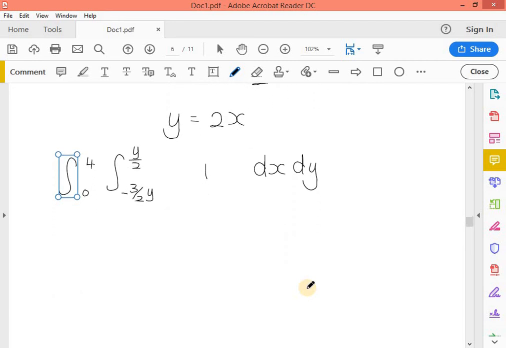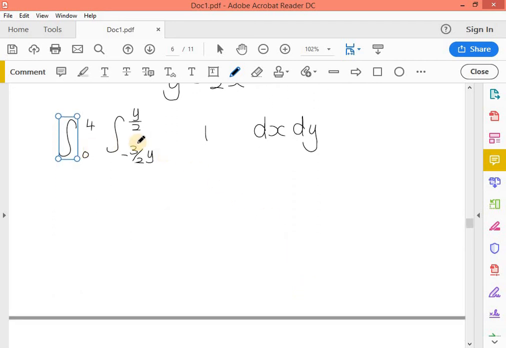I assume all of you can put the interval correctly. You try to solve it. So this one will be y over 2.